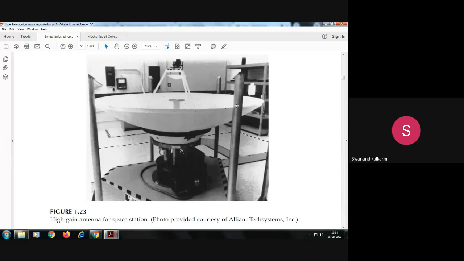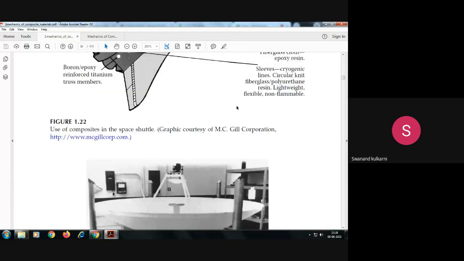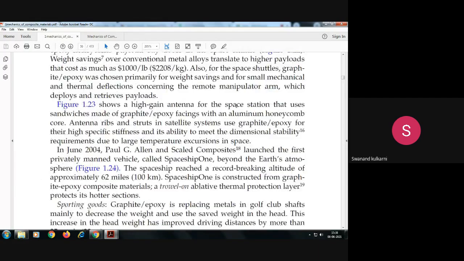Then, as far as electronics and telecommunication are concerned, is it okay? In the area of electronics and telecommunication, the high gain antenna for the space station uses a sandwich made from graphite epoxy facing with an aluminum honeycomb core, means in order to have the strength, the honeycomb of aluminum, honeycomb means a diagonal type of structure, a honeycomb-like structure.